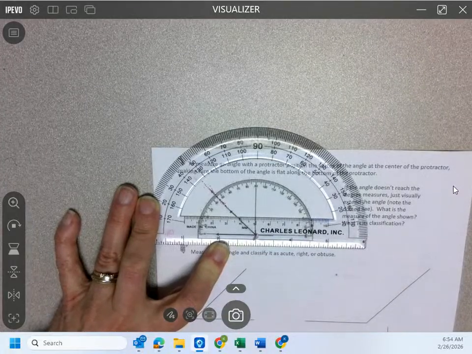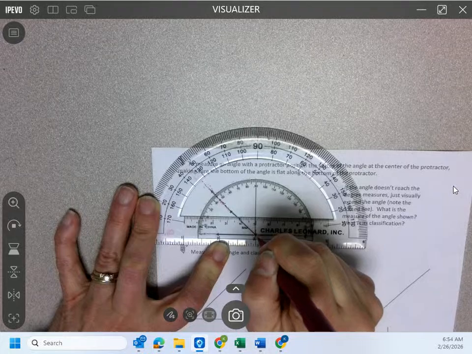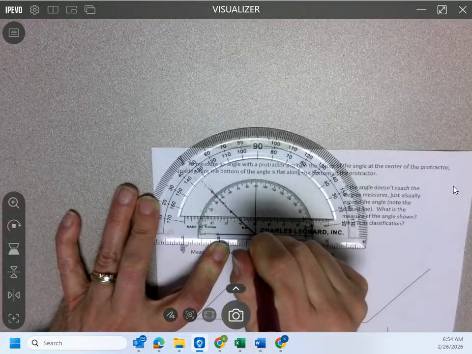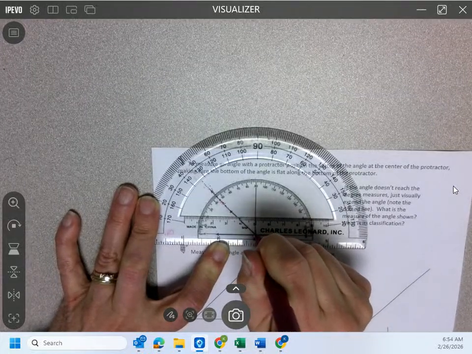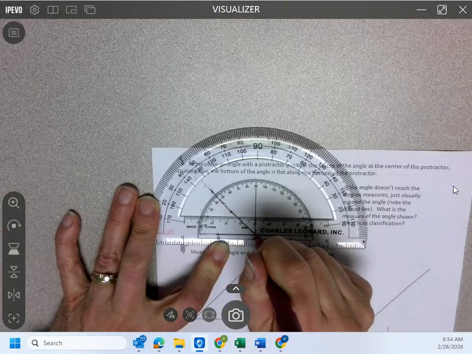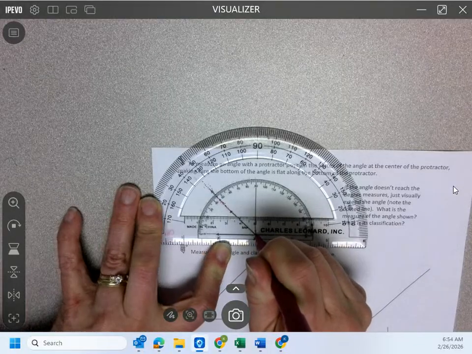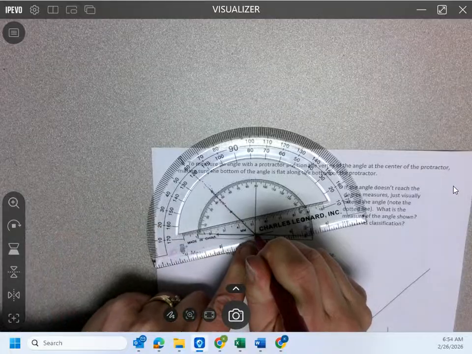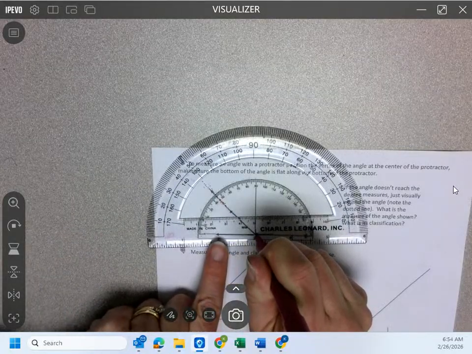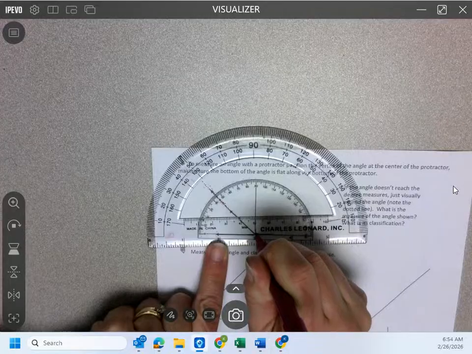I want you to get practice using a protractor. Key steps that we have to follow. Step 1, line up your vertex with your protractor. With the class set of protractors, we use the hole in the middle and we put it directly on top of the vertex. Then you line up the line on your protractor with the bottom line of your angle.